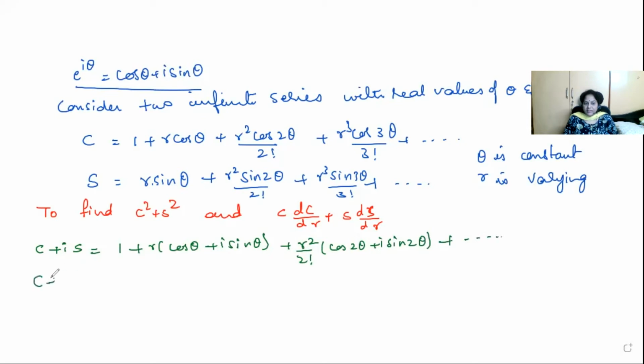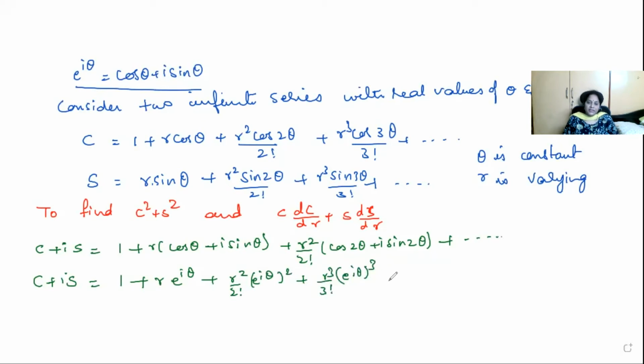Now expressing this in the Euler form, this is 1 plus r e power i theta plus r square by 2 factorial into e power i theta whole square, plus r cube by 3 factorial e power i theta whole cube.